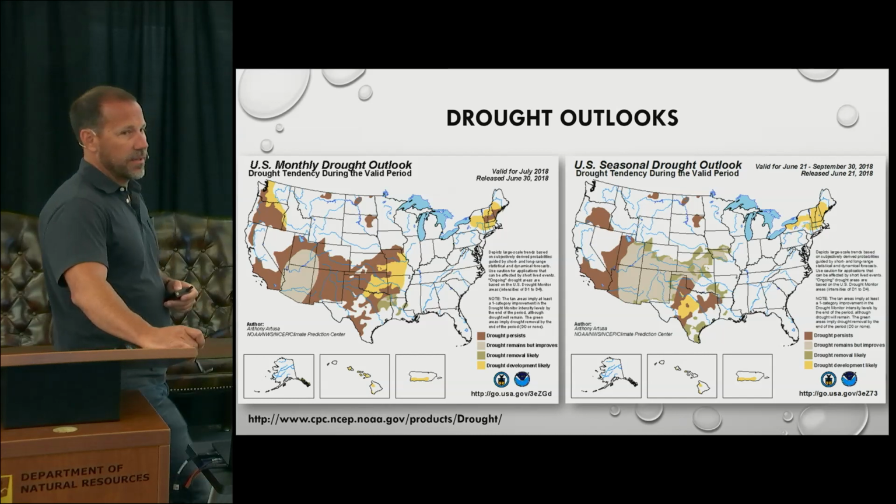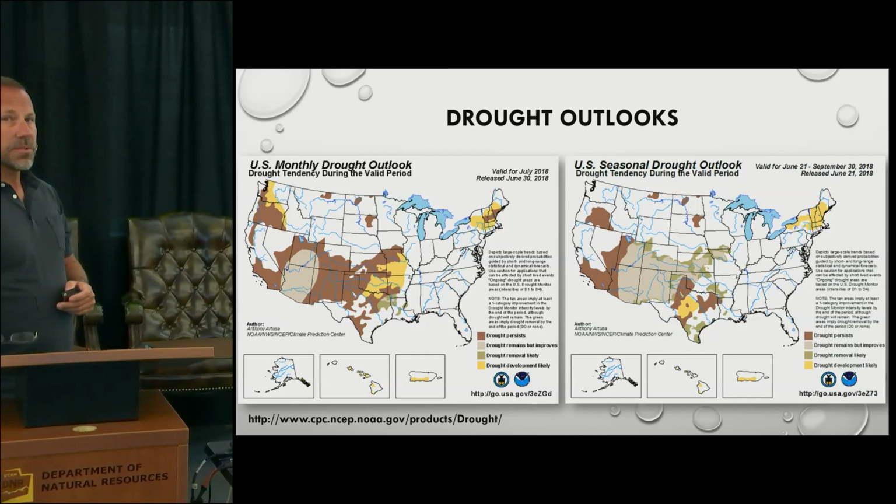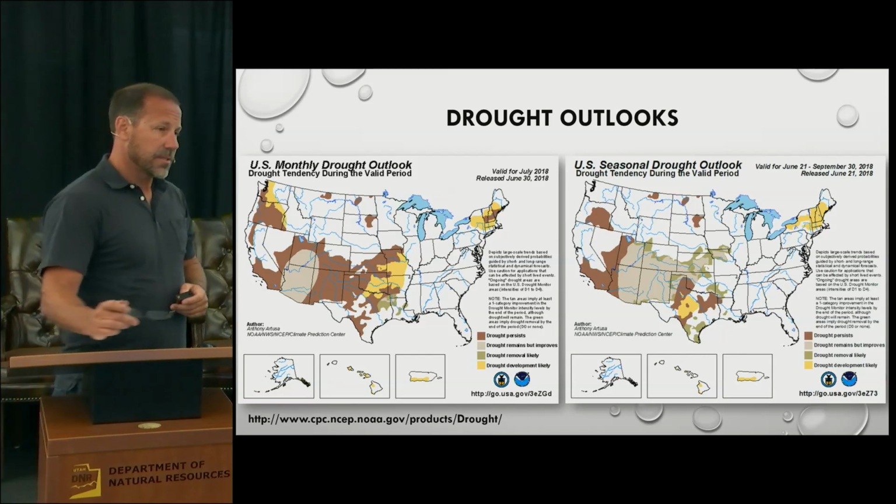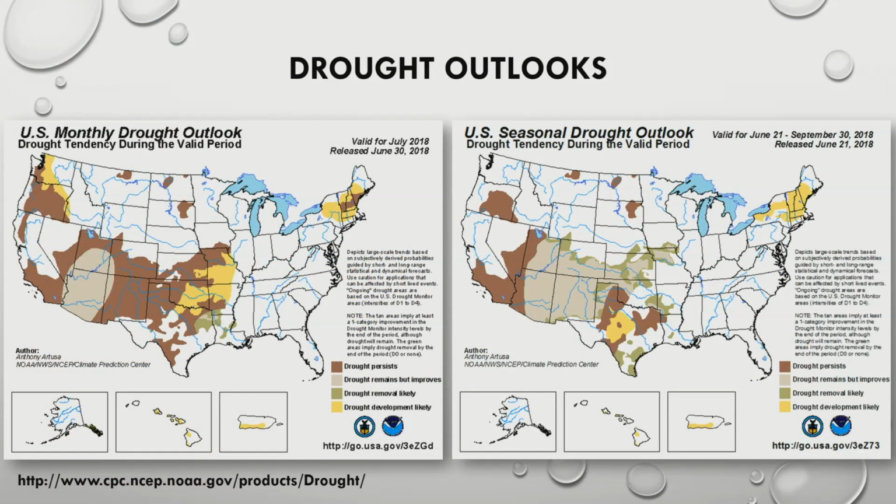Some more things coming out of CPC that we use are the drought outlooks. The Drought Monitor is current conditions, but CPC also makes forecasts as to what they think is going to happen with drought conditions.